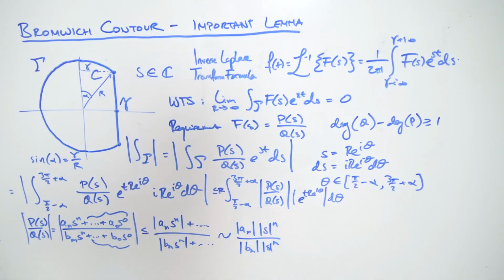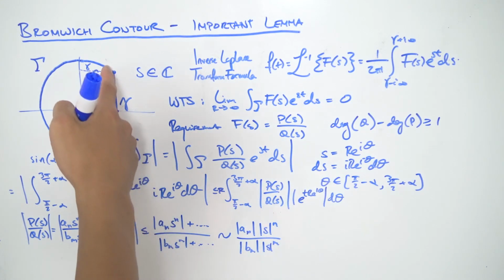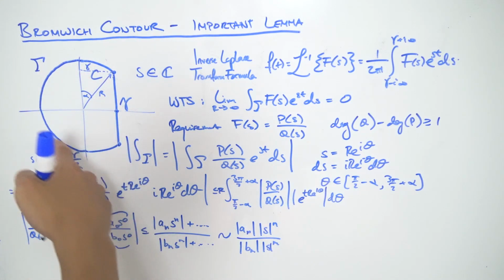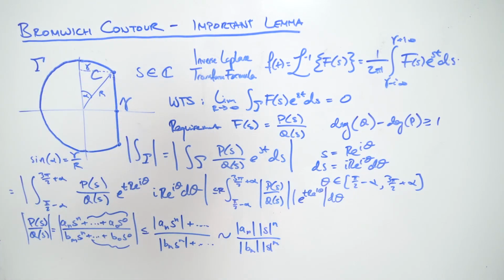And we don't really care about the other stuff because they're not going to contribute much as the modulus of s gets really big. And notice the modulus of s, well, that's just the distance of all the complex numbers on this circle away from the origin, but that's exactly the radius r over here. So this becomes these two coefficients. We can just simplify that down to some coefficient, c, for example, and we're going to have r to the n divided by r to the m.